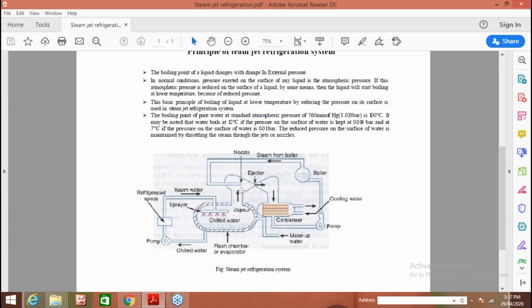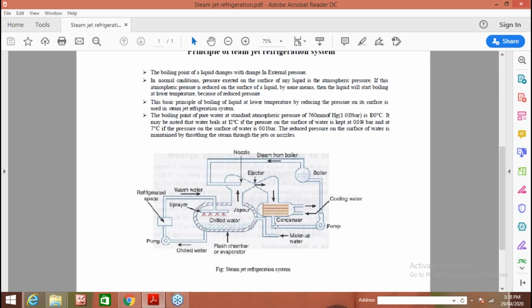So the steam jet extracts the vapor formed during this chilling action, so that the pressure of the evaporator stays low. This water vapor mixes with steam and goes to the condenser, where it rejects its heat into the cooling water.